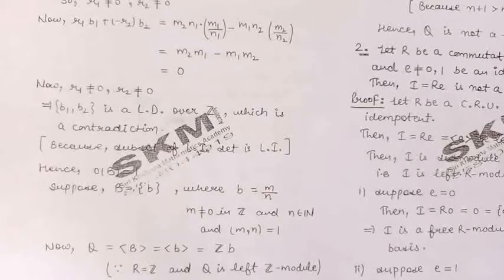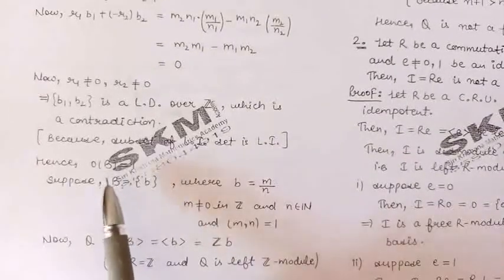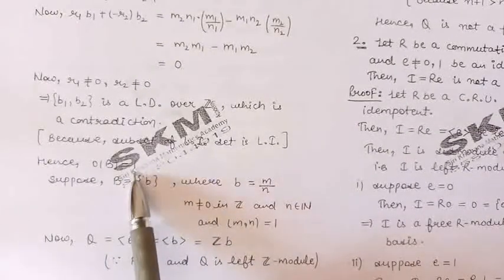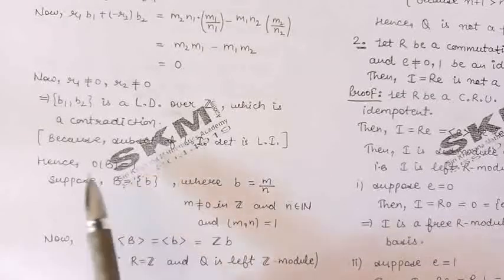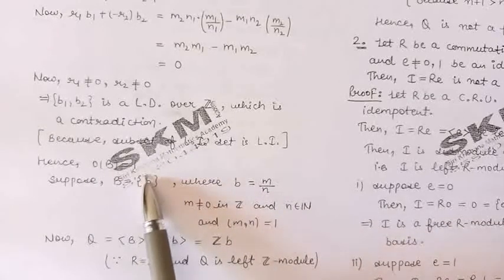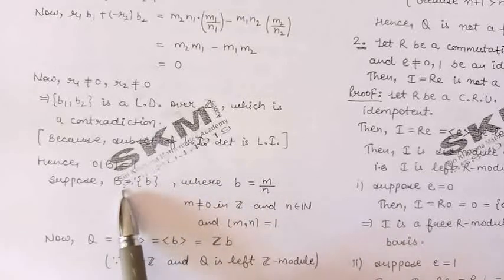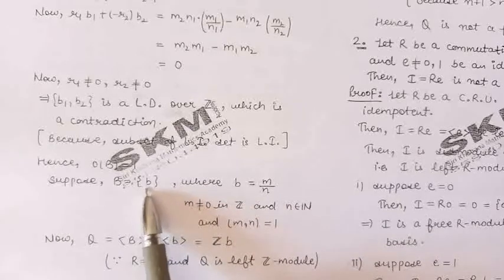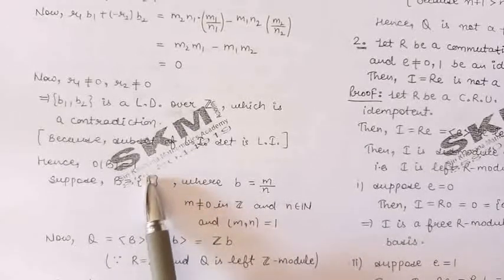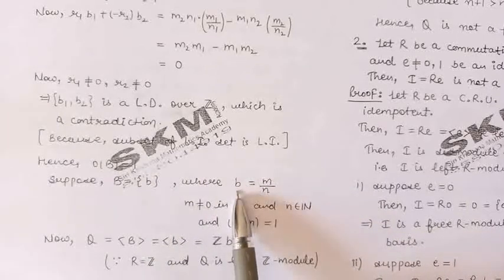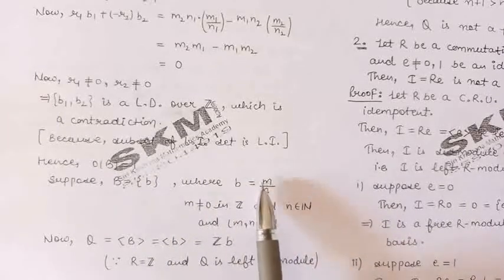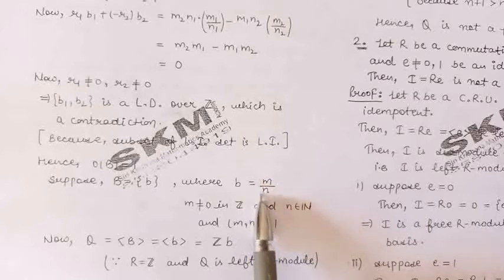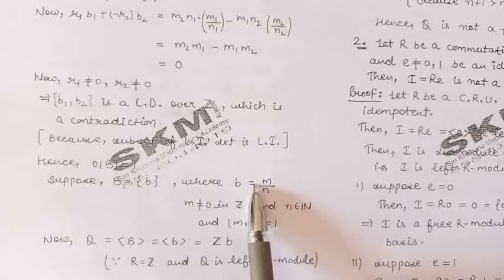Now, let us consider that the basis B has one element, meaning the order of the set B is 1. So that will contain only one element. So we can consider B as a singleton set consisting of an element, say b, and b we denote by m by n. m is a non-zero integer and n is a natural number, and m and n are coprime.